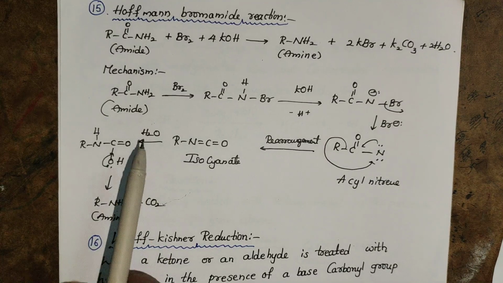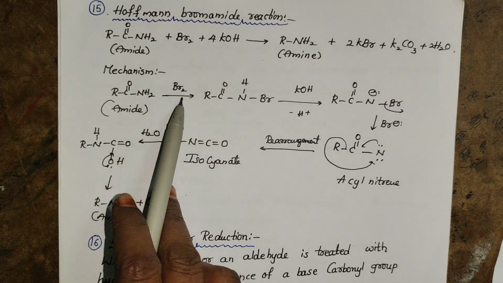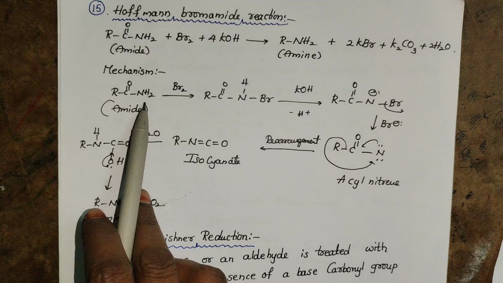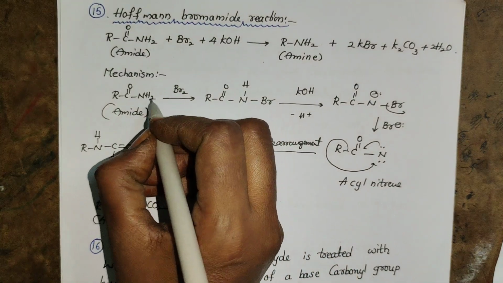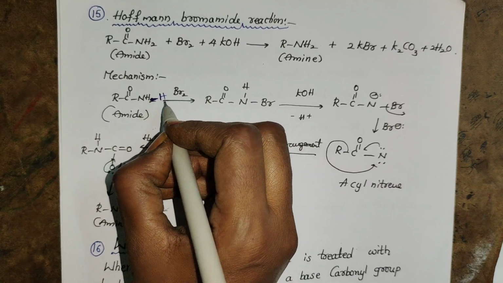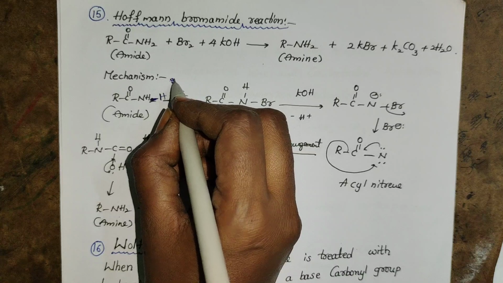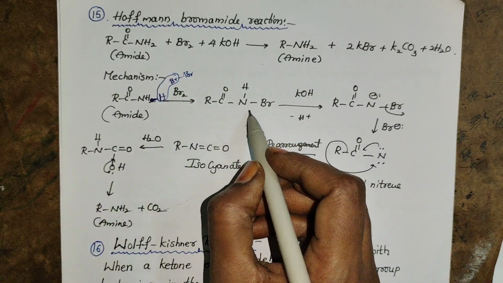For this, actually, this is the reaction mechanism. Amide RC double bond O NH2 is treated with bromine, and here especially the NH2 group is involved. One of the hydrogens, simply for your understanding I am writing, from here H and from bromine Br, you may imagine these are eliminated. Here NHBr is formed.